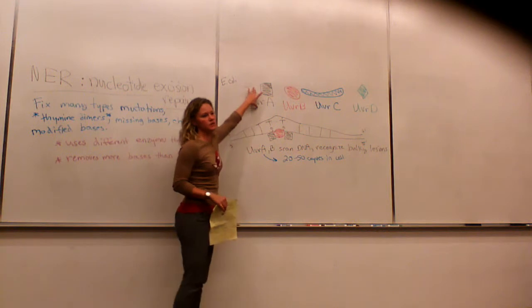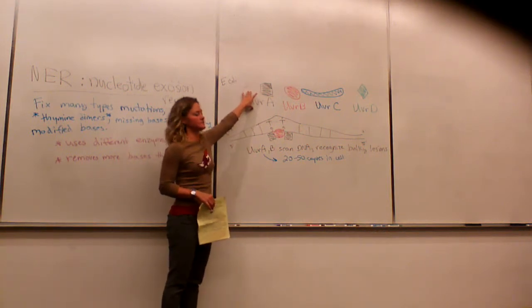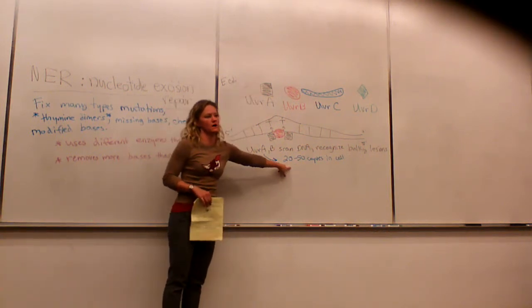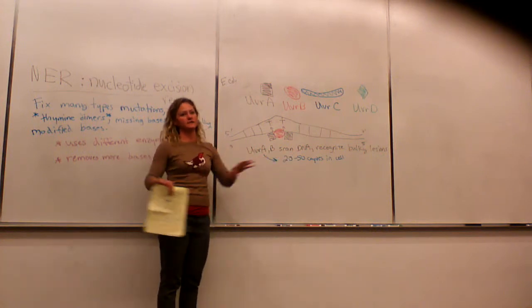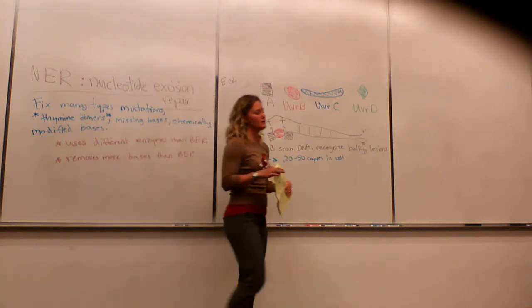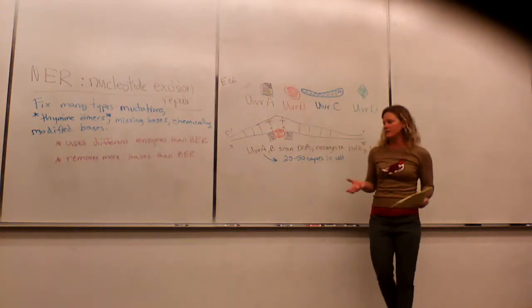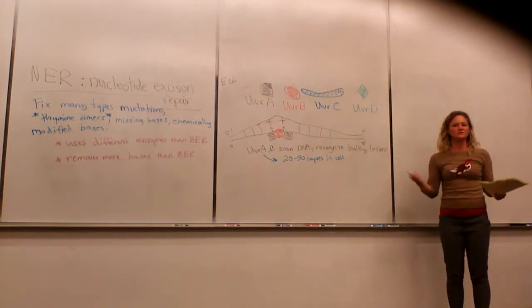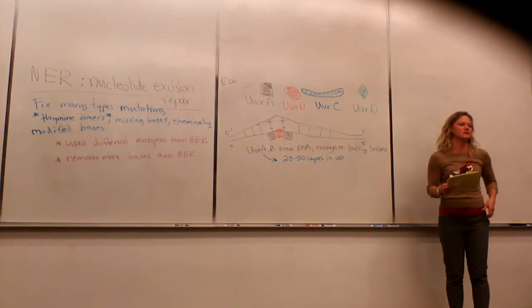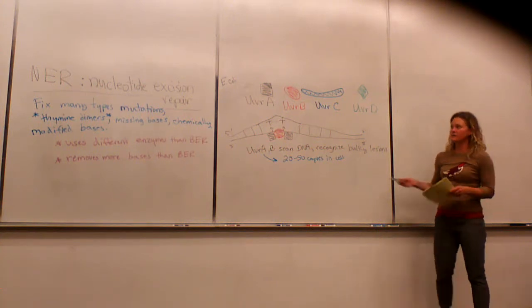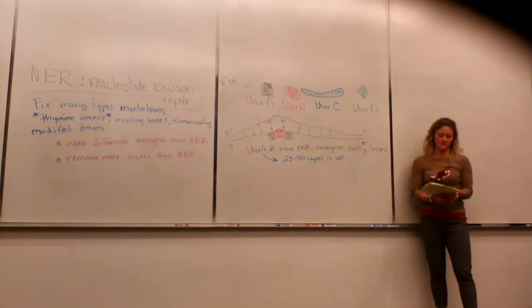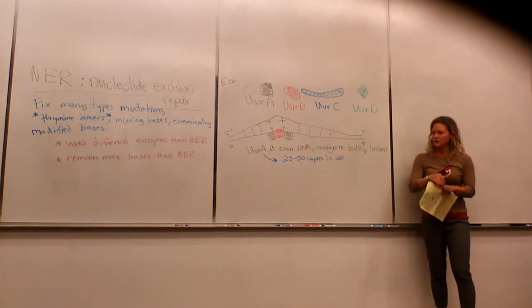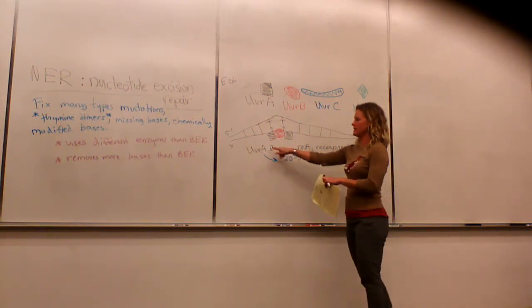All of a sudden, these protein products get produced at high volumes so that we can increase that 20 to 50 copies and really scan the DNA a lot better. Okay. But it's interesting, at least to me, it was always interesting to think about, like, we talk about all these repair pathways, but how is this happening? How is our DNA getting scanned? When is it getting scanned? That kind of stuff. But this heavily happens at transcription in E. coli. Okay. So this is kind of like your first step, UVRA and UVRB scanning.